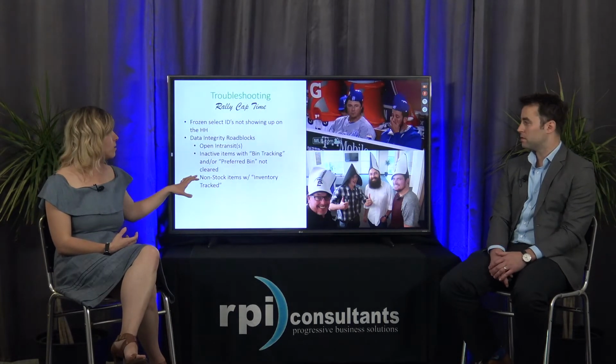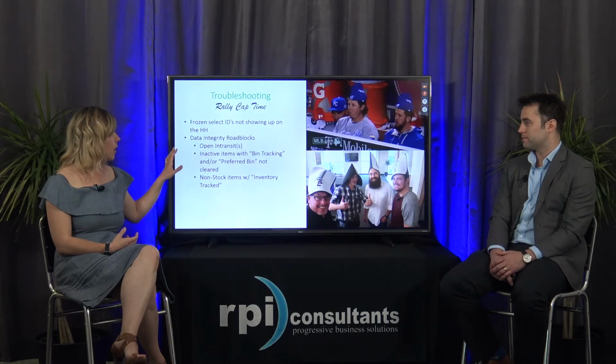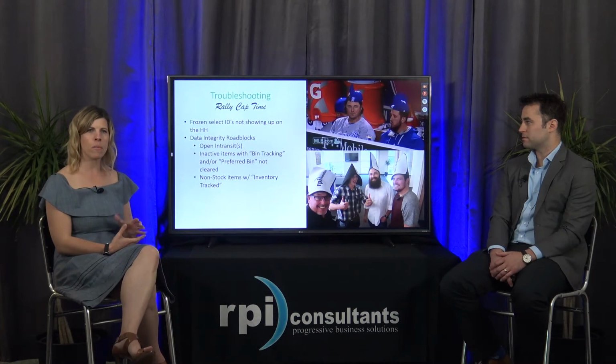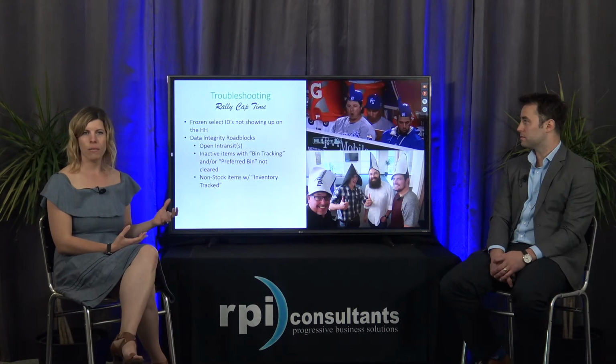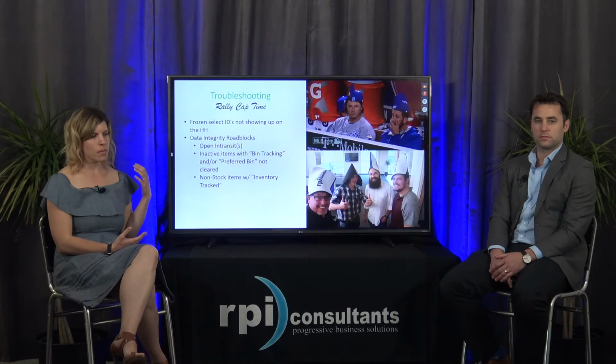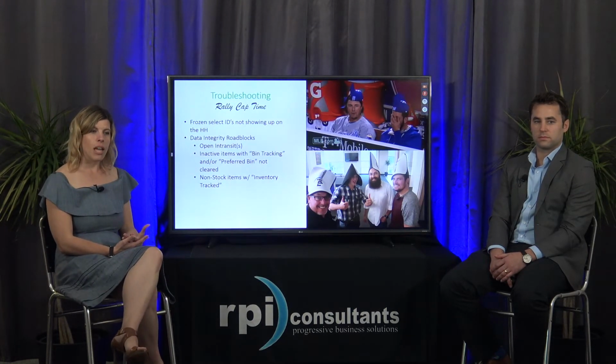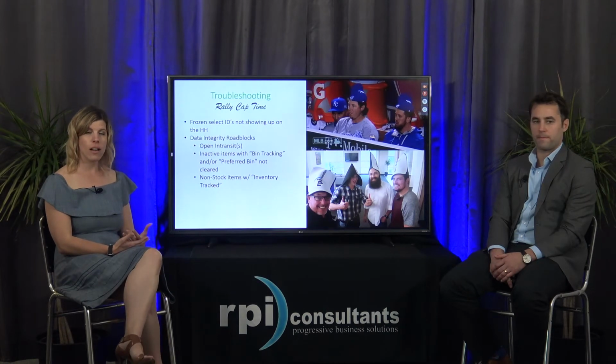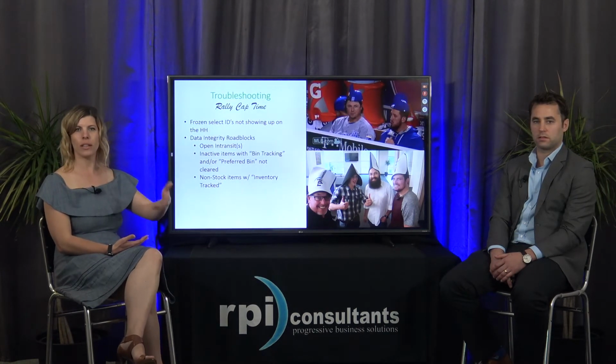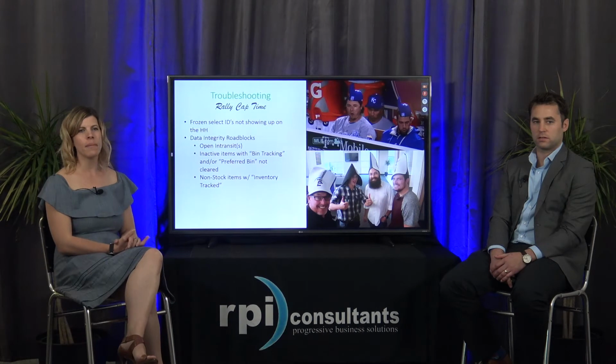Another thing to really focus on is any kind of data integrity roadblocks. So we spoke about earlier just making sure that you're cleaning up and releasing any kind of unreleased transactions, so either releasing or deleting and recreating later.